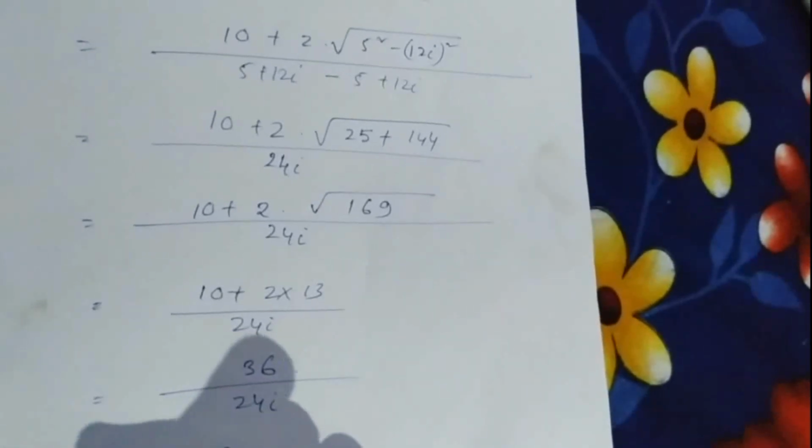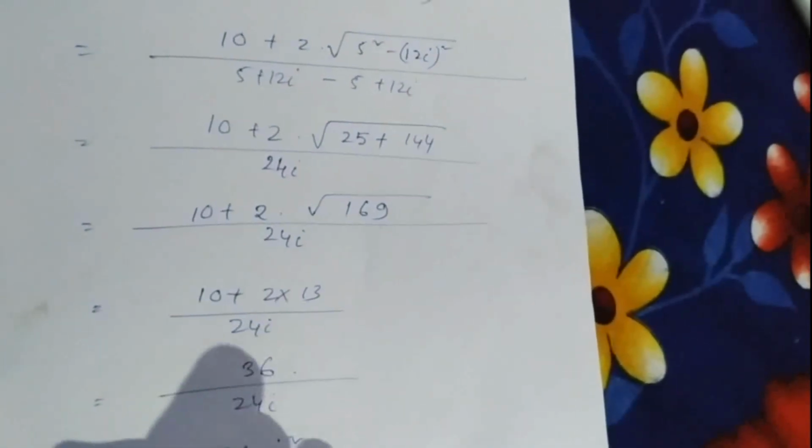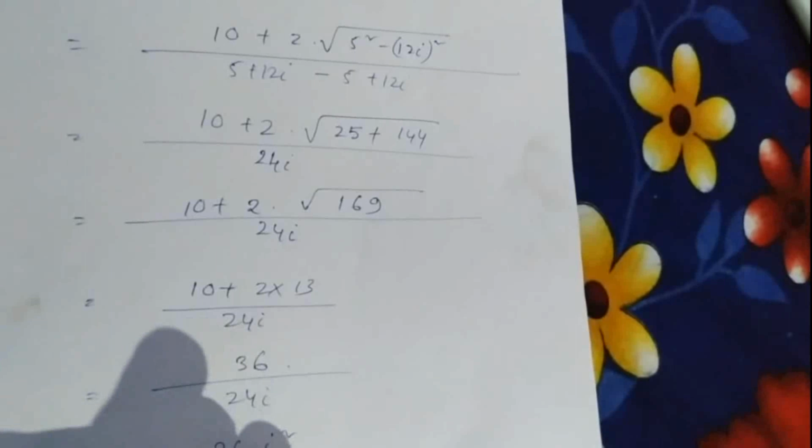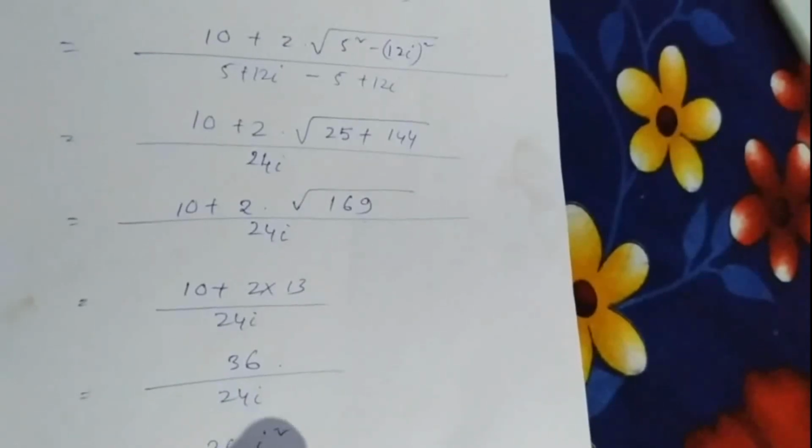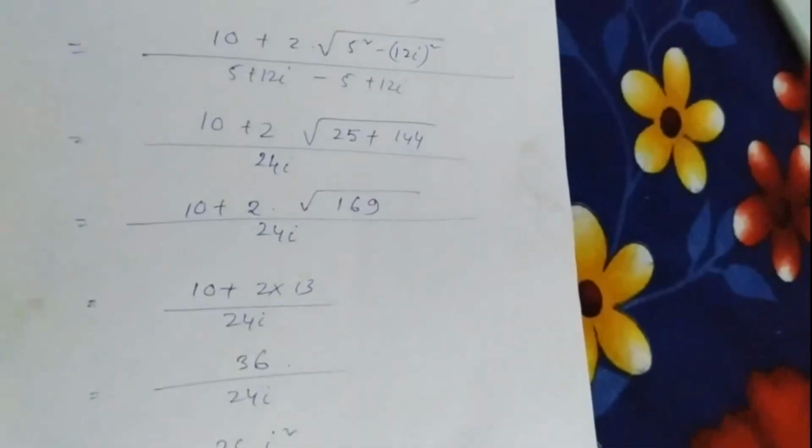So if I write 36 i square, it will be minus, because i square is minus 1. So 36i, 24i get cancelled out, minus 36 by 24i, and minus 12, 3 times 12 is 36 and 2 times 12 is 24. So minus 3i by 2 is the answer.